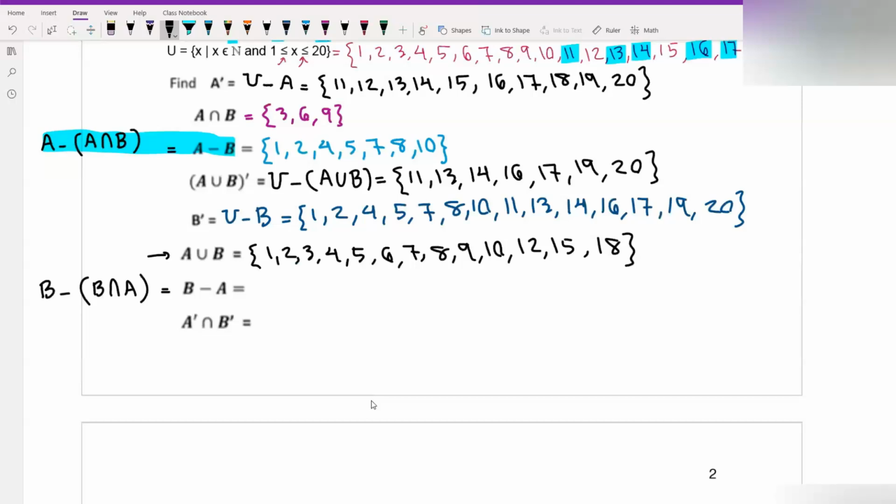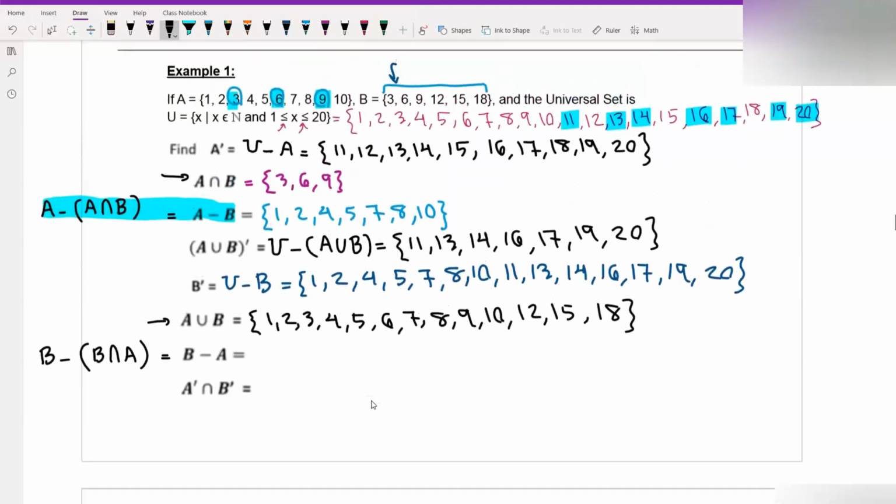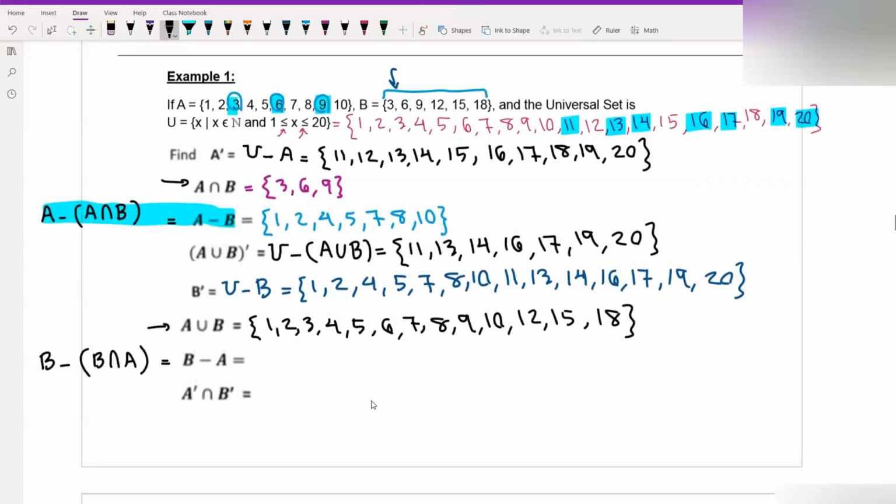The A intersection B or B intersection A is 3, 6, 9 from this part. And we shouldn't have 3, 6, 9, to subtract those from B. So subtracting these, what's left is 12, 15, 18.